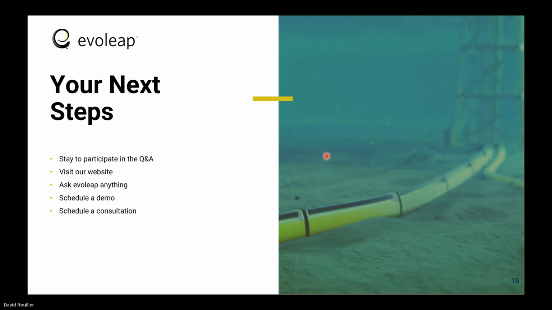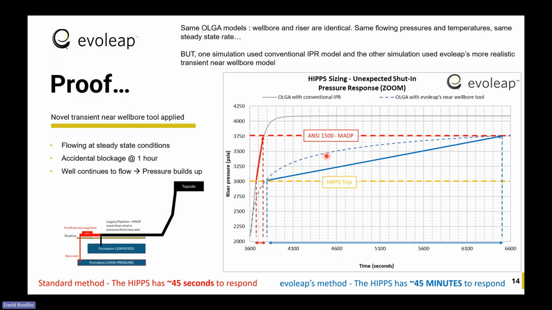We have a lot more questions, David, as the technology started working. The next question is, how do we know we are not overly optimistic with the transient approach in terms of the results? And the second part is, how are the simulation times affected with the transient approach? Yeah, the first part of the question: you will have to use some margin, and this HIPPS topic is a bit of a tricky one because it all comes down to the regulator, right?